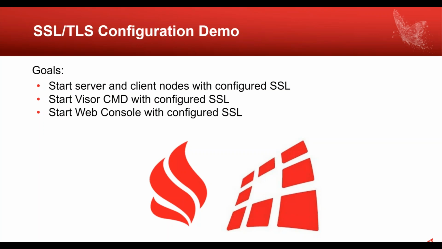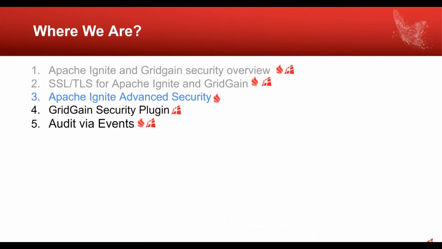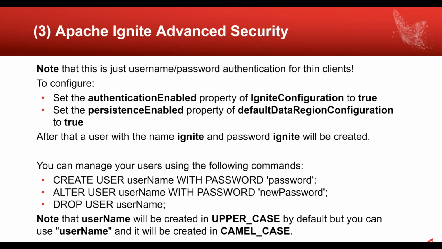Okay, and we can go forward. The next part that I want to discuss today is Apache Ignite Advanced Security. On the current slide, you can see how it can be configured. You need to set two properties.